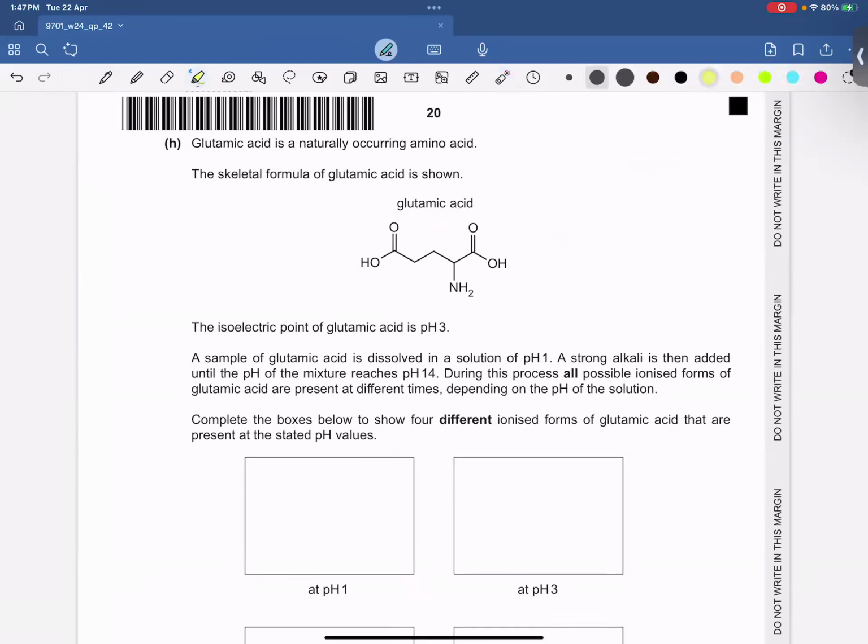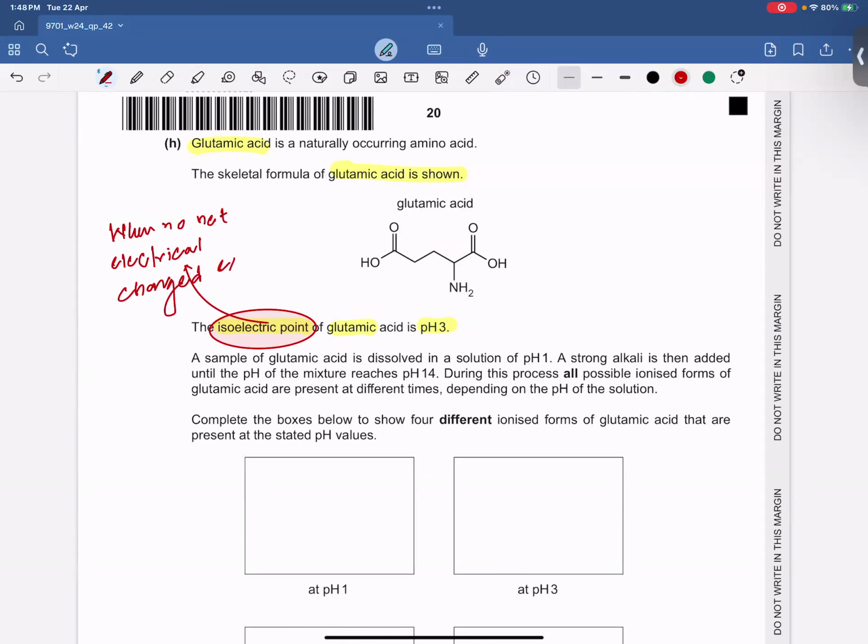Next, glutamic acid is another amino acid. The skeletal formula of glutamic acid is given. Okay, that's the skeletal formula of glutamic acid. Again, this carbon is chiral carbon. The isoelectric point of glutamic acid is pH 3. By the way, isoelectric point is when no net electrical charge exists. Okay, and its pH value is given.